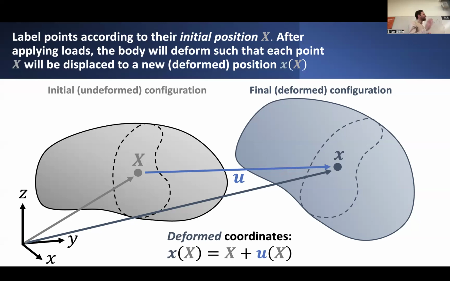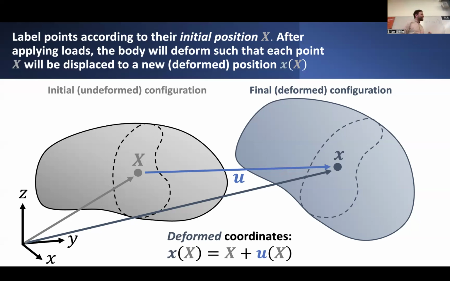But we have to distinguish now between two different configurations of the structure. Just as we did when we were looking at that P delta example, we have to distinguish between the undeformed configuration of the structure, the initial conditions before we put the loads on, and this final configuration after the structure has deformed.